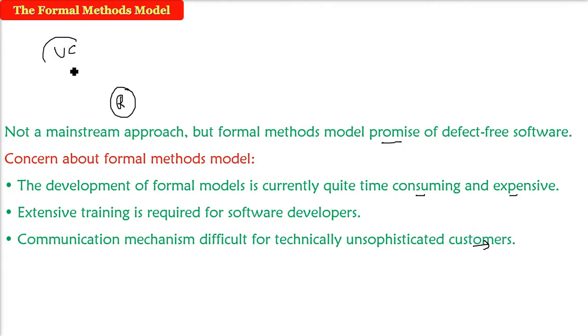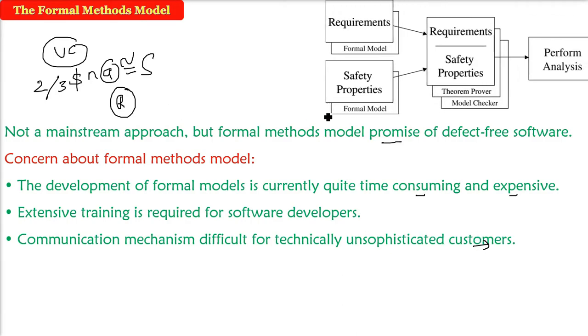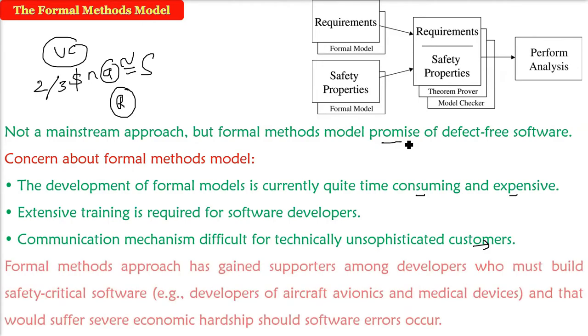If you are using use cases or a requirement specification, how will it be understood by an unsophisticated customer? The customer will come and try to understand what is this at the rate, what is this equal to tilde sign, relational algebra, all these kinds of algebra, how is he going to understand? So these formal methods are used where you are making safety critical software.